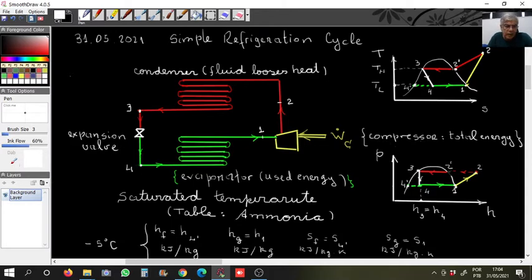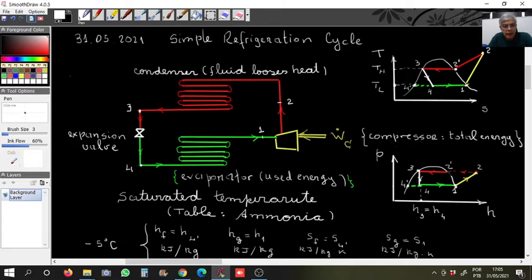In general, the design of the expansion valve is based on the Joule-Thomson process, in which the enthalpy at 3 is the same as the enthalpy at 4. And also this process is adiabatic, it doesn't lose any heat to the environment. So that's the expansion valve. The purpose of the expansion valve is the temperature.